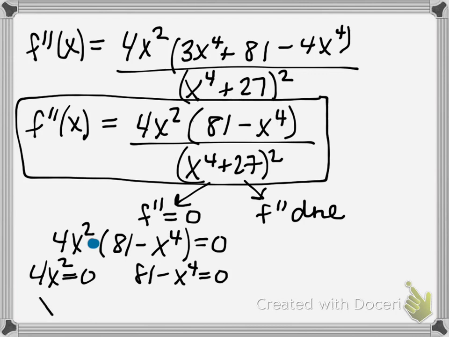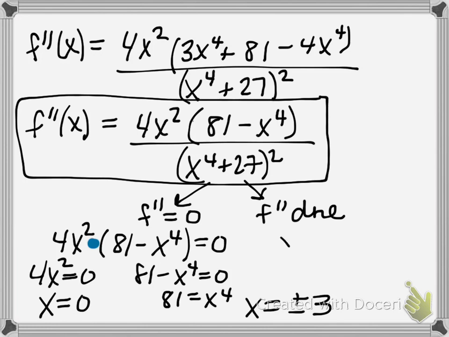So divide by 4, square root both sides, and we have x is equal to 0. Here, if I add x to the fourth, I have 81 is equal to x to the fourth. So if I take the fourth root of both sides, I'm going to end up with x is equal to both positive and negative 3. That works out pretty nicely because it's the fourth root of 81, which is a nice whole number.